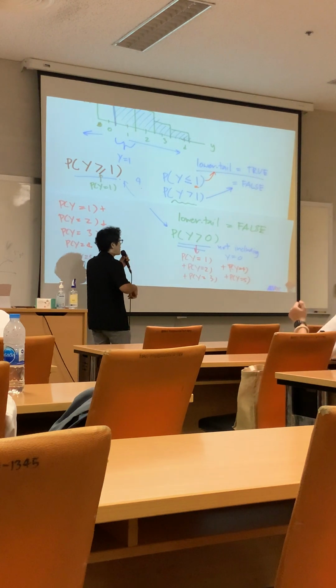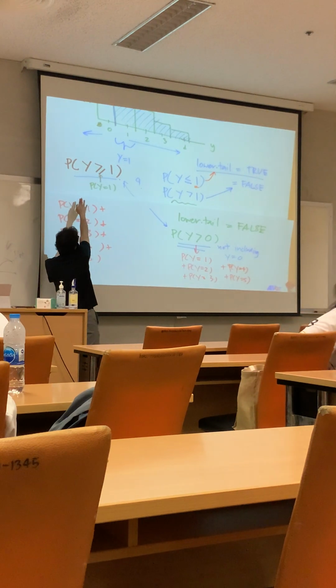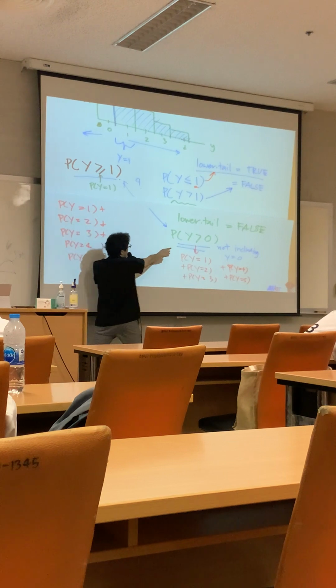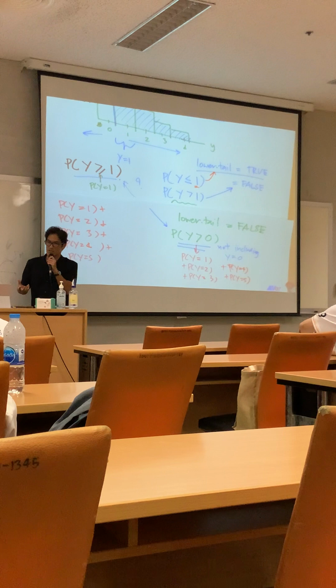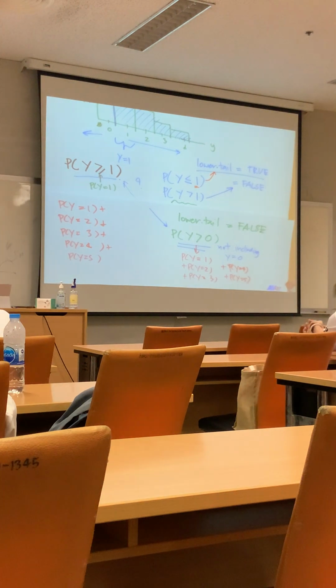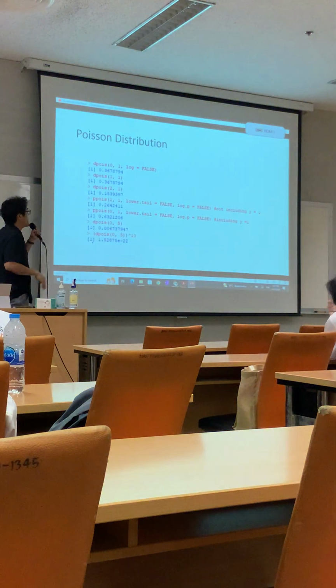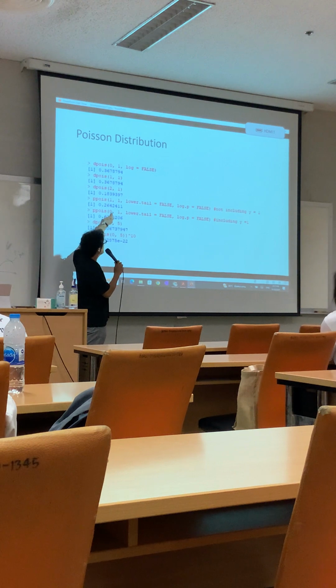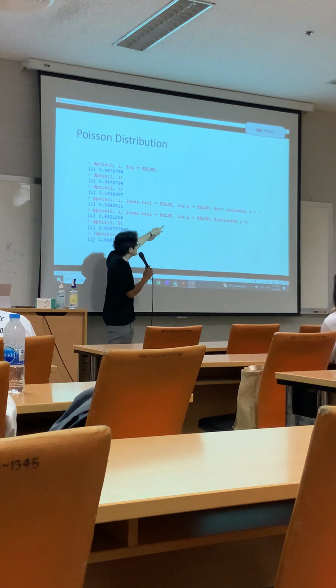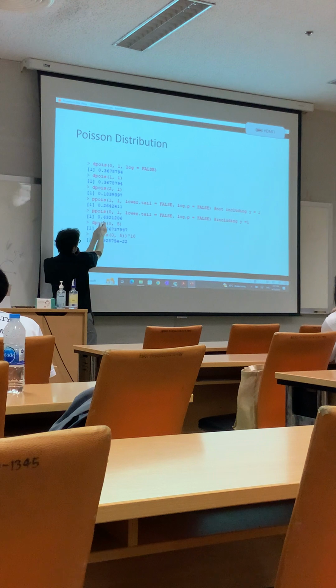The only time that you can calculate y greater or equal to 1 is when you put 0 in the function. So when we use y equal to 0 and lower tail to be false, you have your answer.